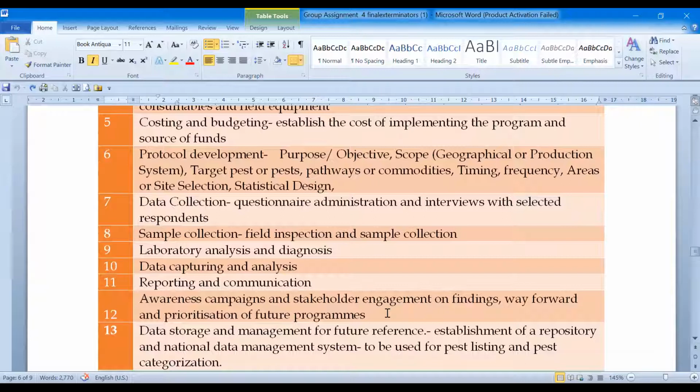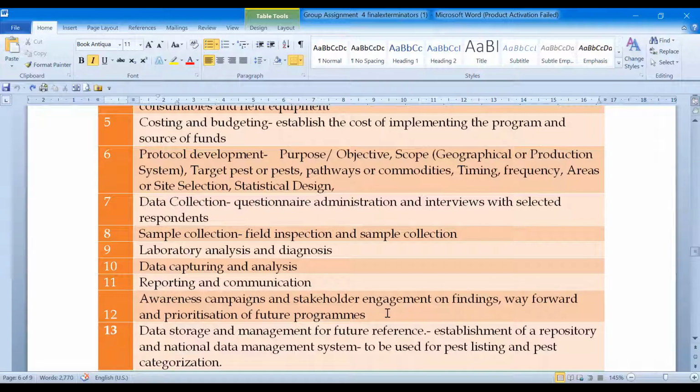And then protocol development, the purpose or the objective, the target pests or pest pathways or commodities, timing, frequency, areas, or site selection, statistical design. So that is more when they are developing the surveillance program.